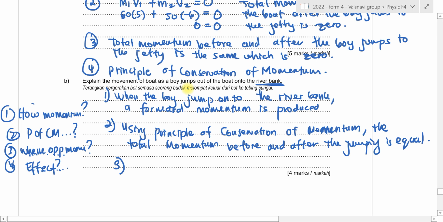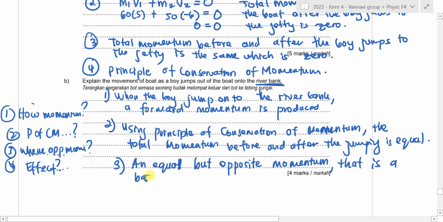Okay, when the boy jumps onto the river bank, a forward momentum is produced. Using the principle of conservation of momentum, the total momentum before and after the jumping is equal. Okay, now kita bagi tahulah apa ni? An equal but opposite momentum. That is a backward momentum. Kalau forward, opposite dia backward lah.